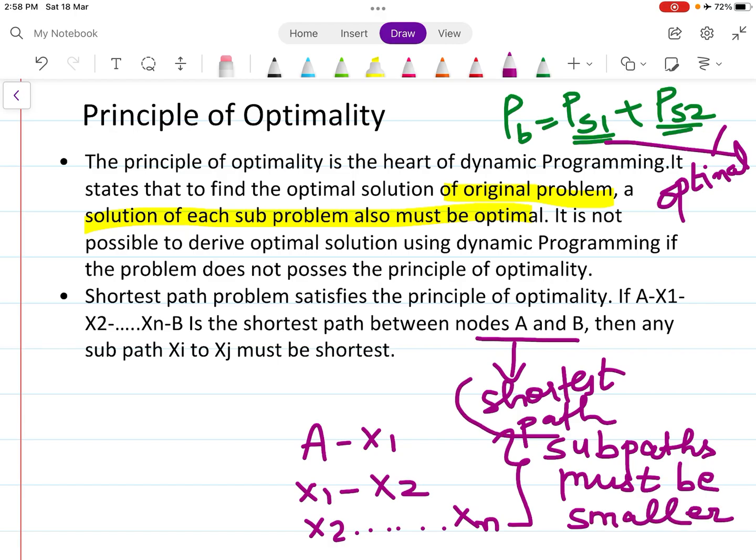If you want the whole path to be short, then even these should be short. These should also be small paths. Then only we can say that it is following the principle of optimality. Then only we can say that the path A to B is optimal.